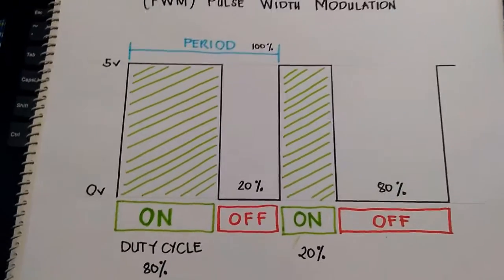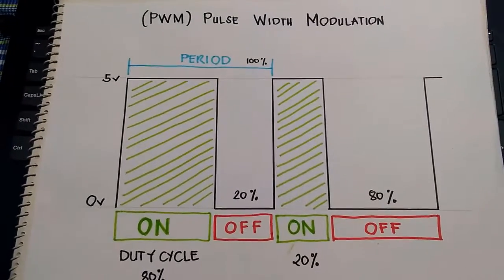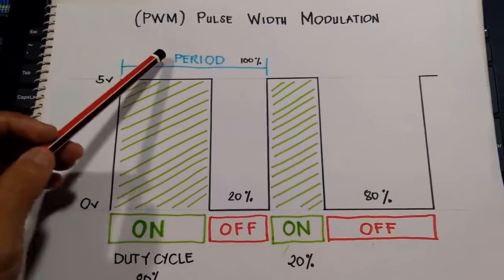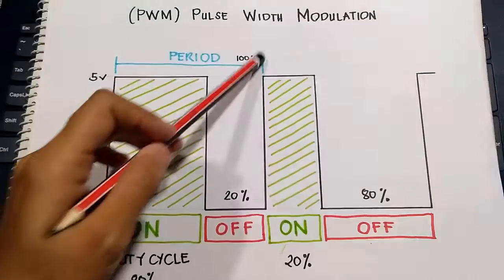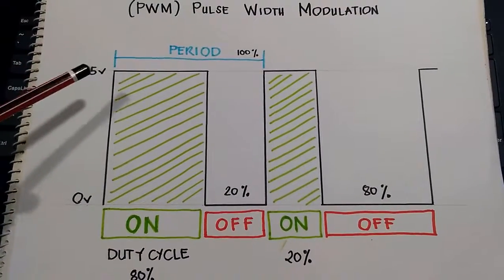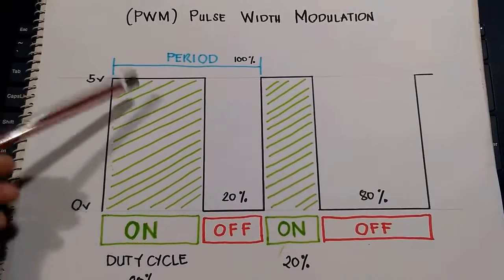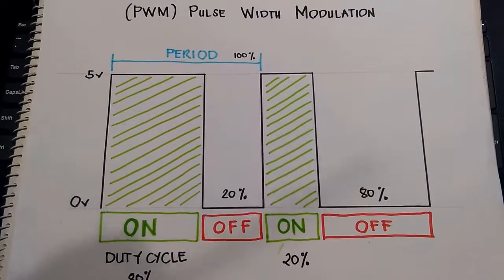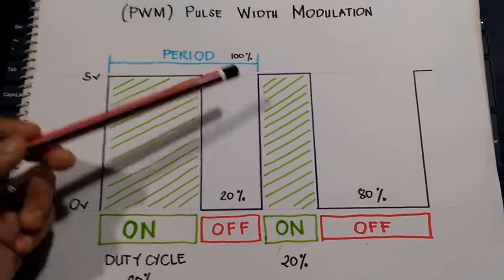Under a pulse width modulation, we have a period. This is one period, and period indicates how long an electrical current is being passed on and how long it hasn't been passed on.